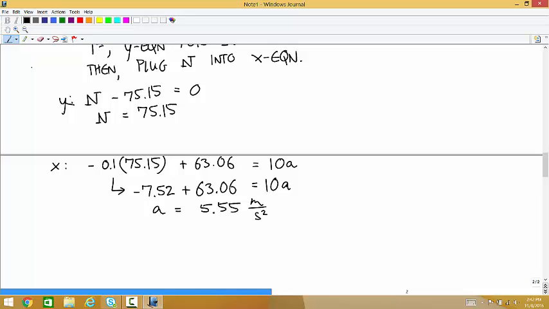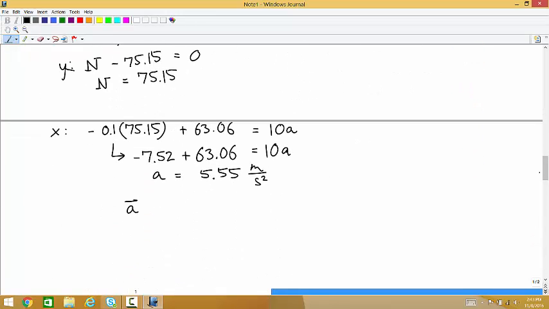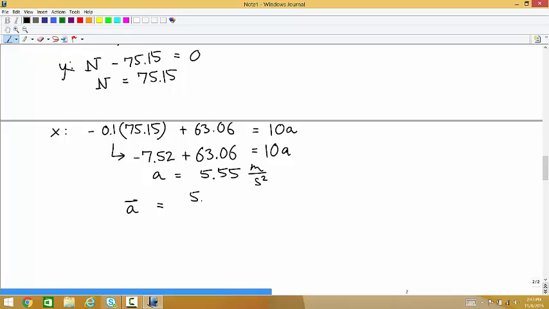And then to calculate the acceleration vector, plug that into the acceleration vector that we had in Newton's second law. This one. And you get 5.55, 0.